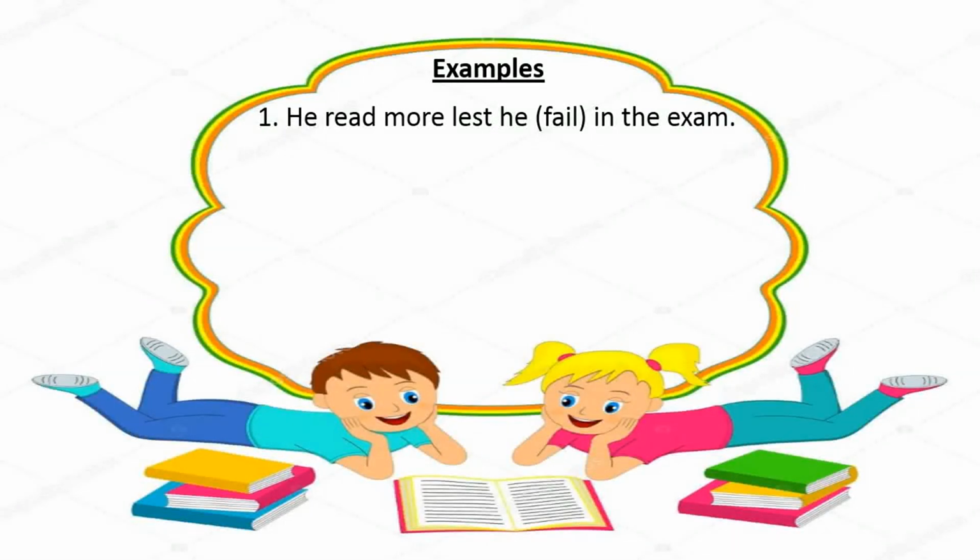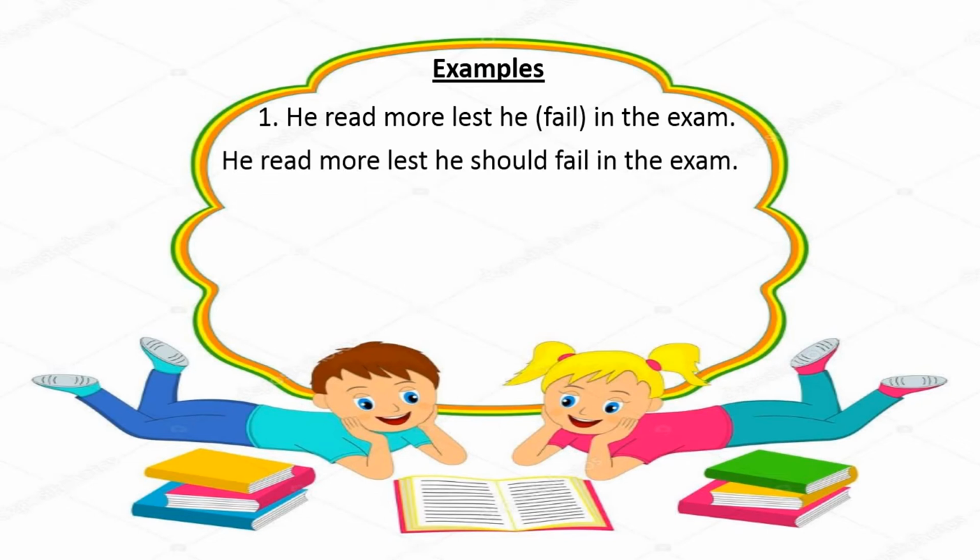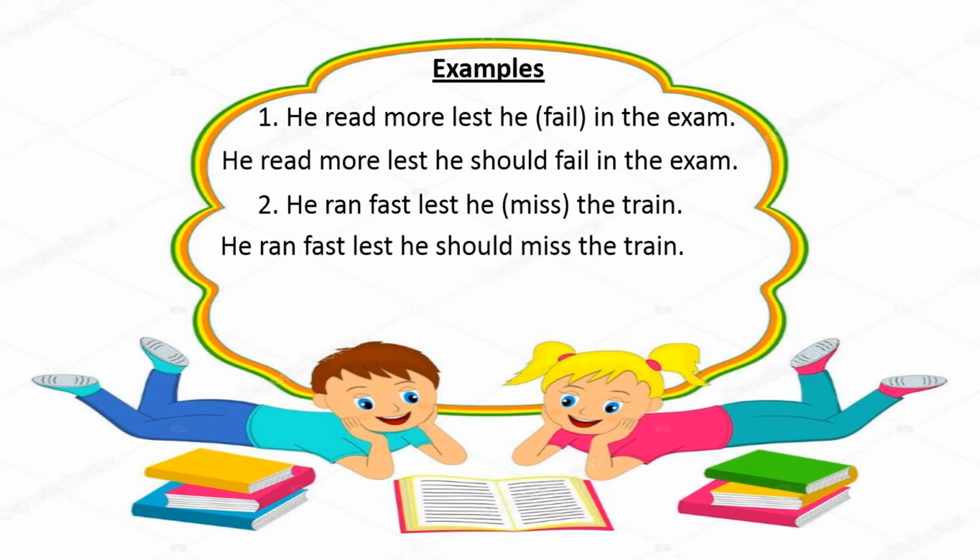So from the clue, we know that we find a lest in this sentence, and after the subject we will use should or might. So the answer will be, he read more lest he should fail in the exam. He ran fast lest he should miss the train.